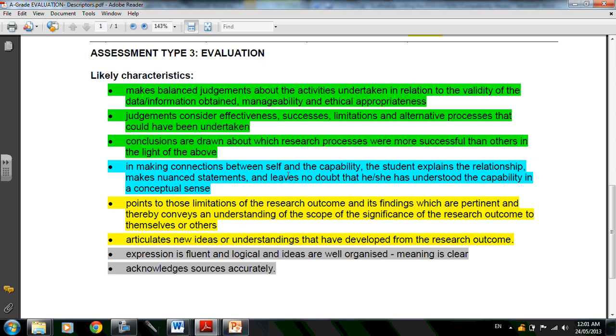So in making connections between self and the capability, it's very important to explain how this is important for you and the others. And again, the outcome is important for yourselves and the others. There is no point doing a research and finding something that is interesting only for me. I need to know why and how I can contribute to the others. For example, I have a boy who is doing something very peculiar, his own interest, battleships.